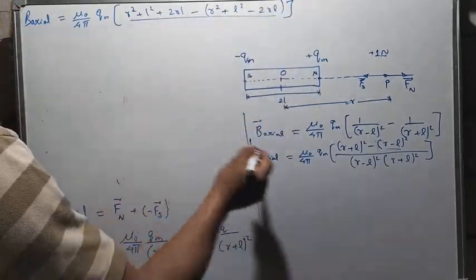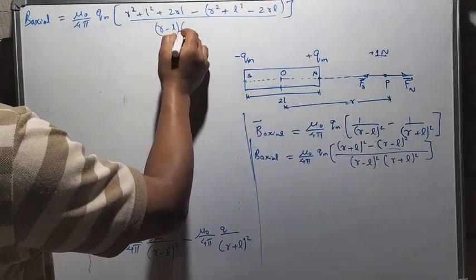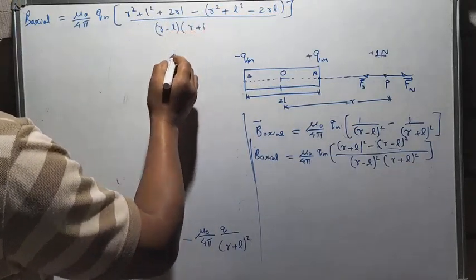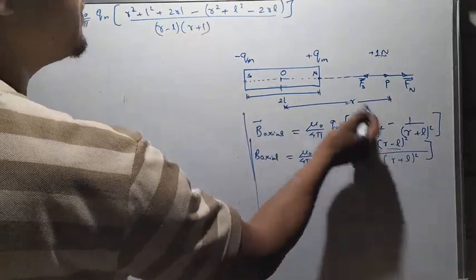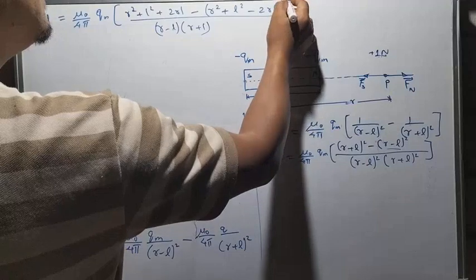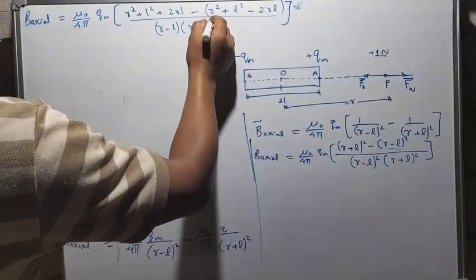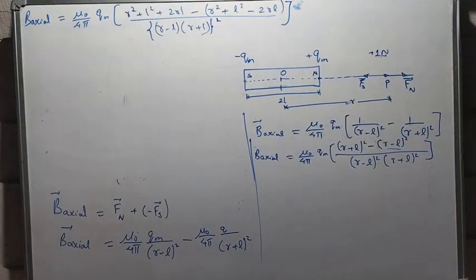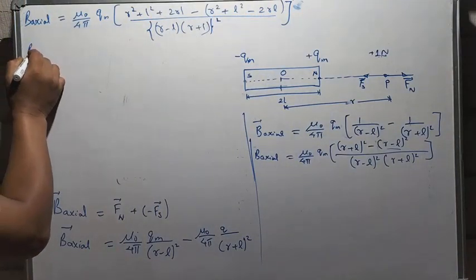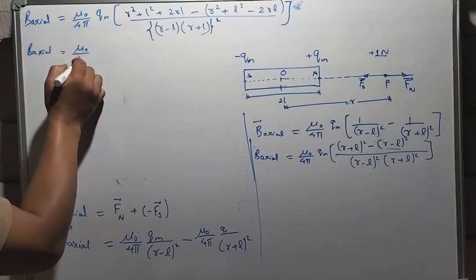And next, in the denominator, I'll write r minus l, r plus l. And then I will take the square common from here, like this. Now, this B axial, in the next step, becomes like this.